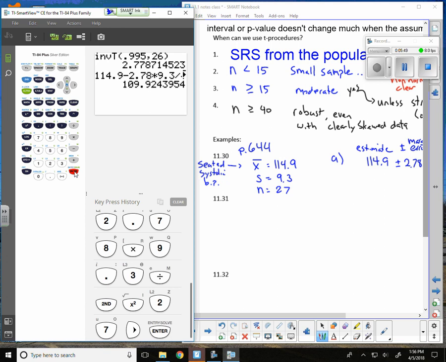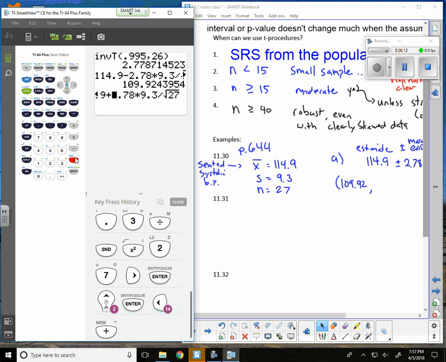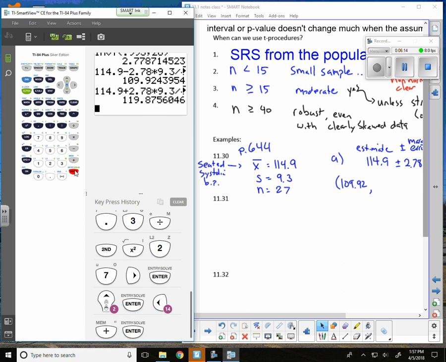Let me know if you get anything different. And then if I typed all that in, I should be able to just go back up on my calculator to that line, hit enter, and it will repeat it. And then I'm just going to scroll back and change that to a plus. 119.88.